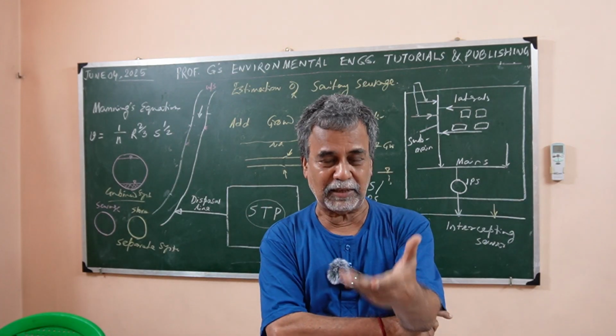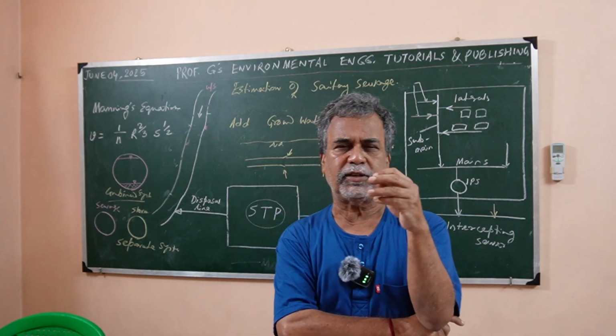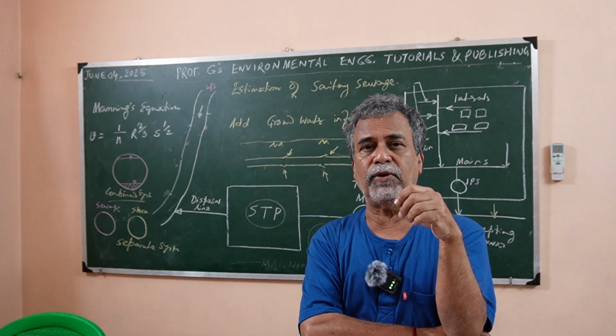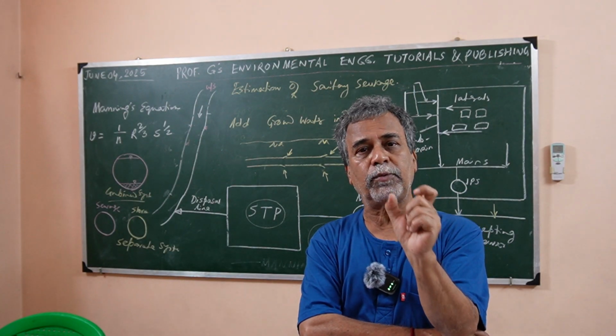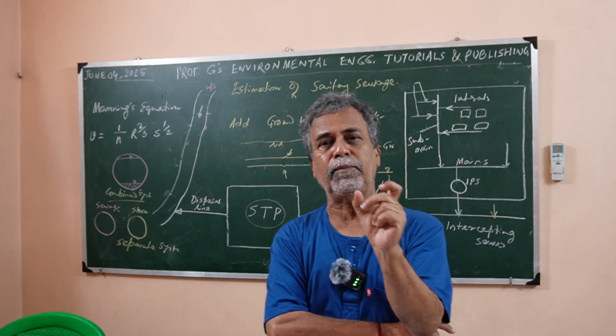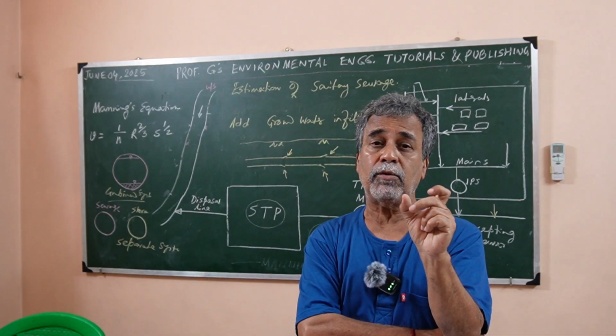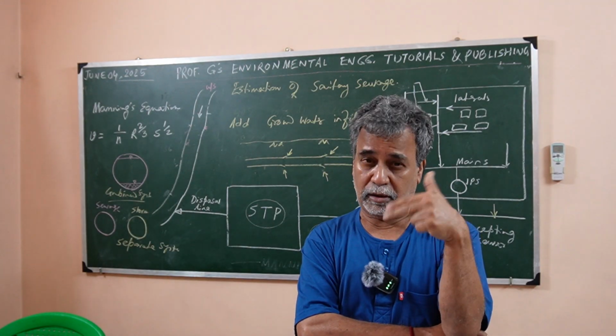The figures you will get in the CPHO manual, but the concept I'm telling you is that when the population is less, the probability of getting peak flow or discharge would be more, and vice versa.